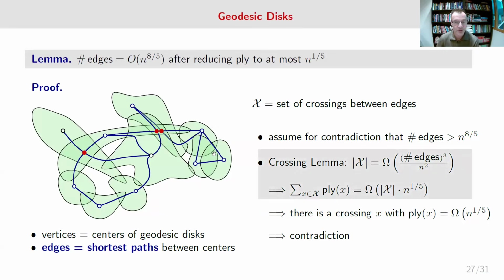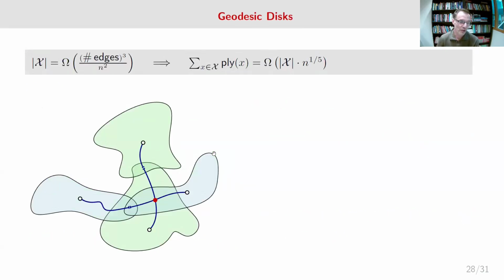And the reason is something like this. If I have a crossing here, this is a shortest path, and this is a shortest path. Let's say this is longer than this, then this portion is completely contained in this geodesic disk.